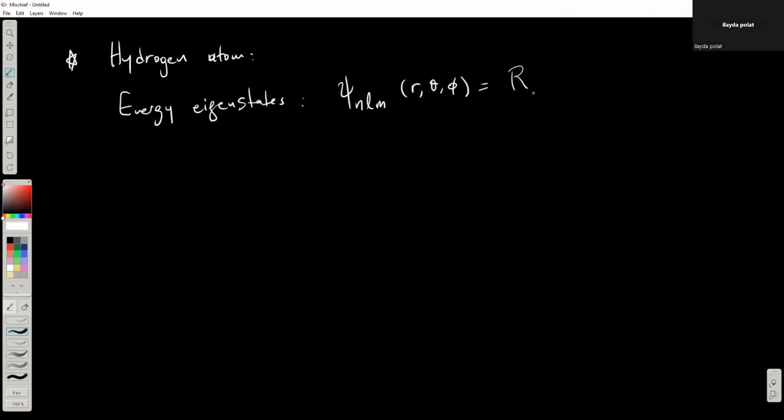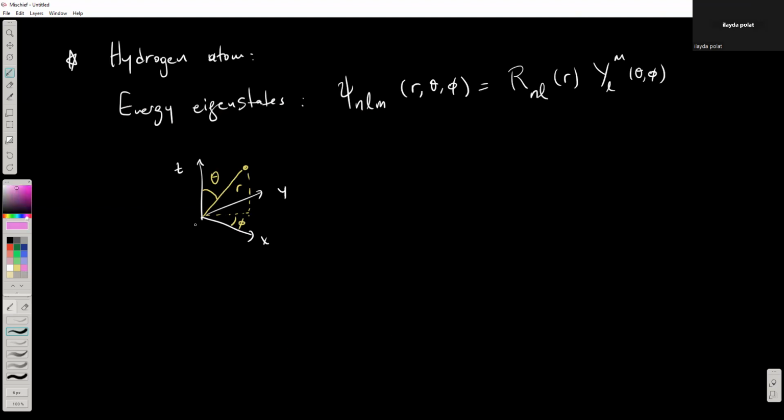We can write down the corresponding wave function as a radial part multiplied by a spherical harmonic. Let's draw this as an XYZ frame, and let me try to draw these spherical coordinates. For a point, the radial coordinate r is the distance to the origin. Theta is the angle with the z-axis, and phi is the angle on the xy plane.